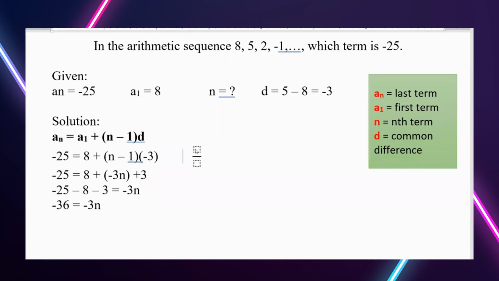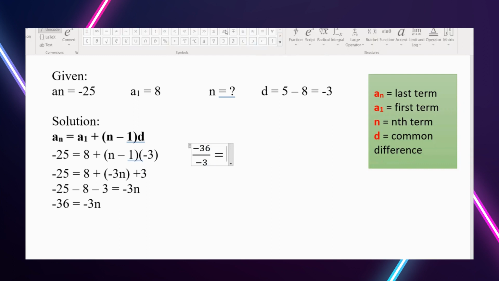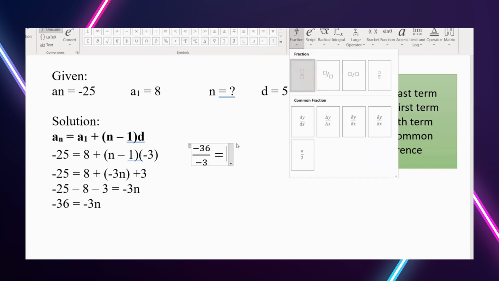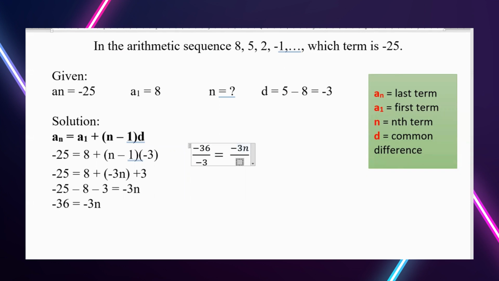So to remove the numerical coefficient of the variable n, we have to divide both sides by negative 3. So negative 36 divided by negative 3 is equal to negative 3n divided by negative 3.